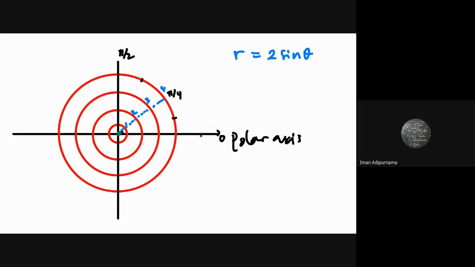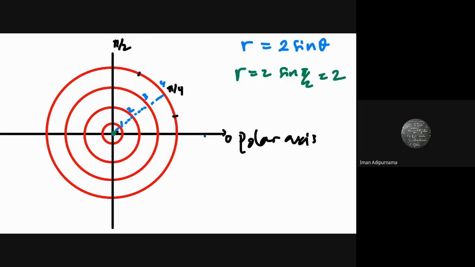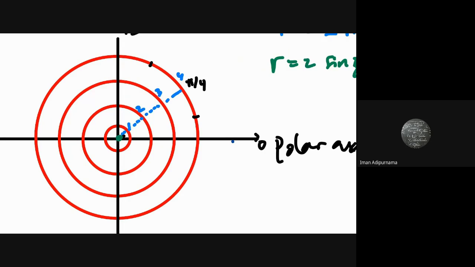And then we start to go to sine pi over 2. So at pi over 2, at this one, we have radius 2.